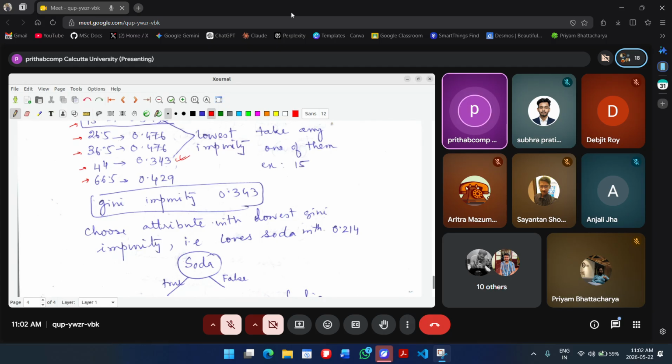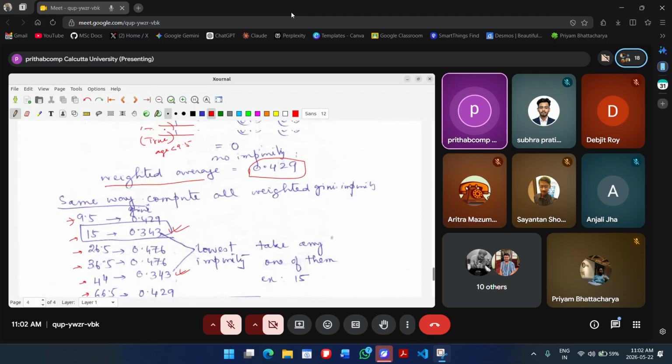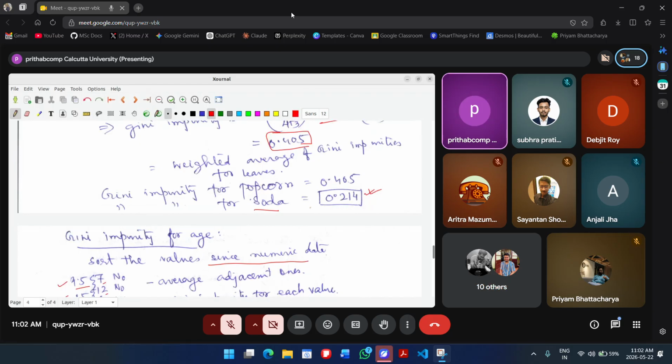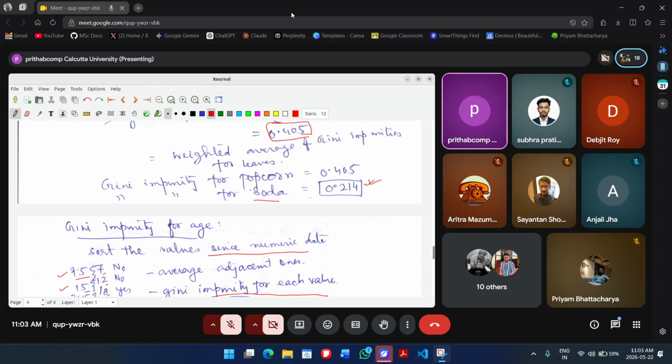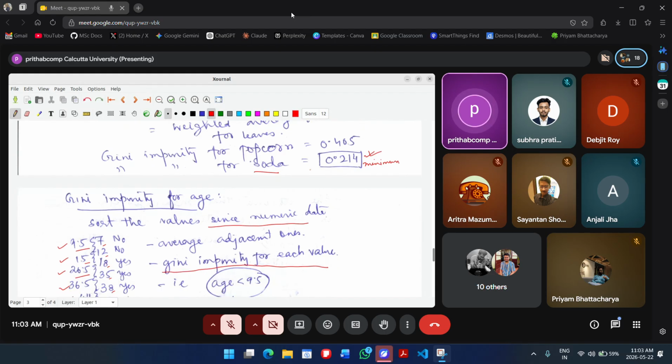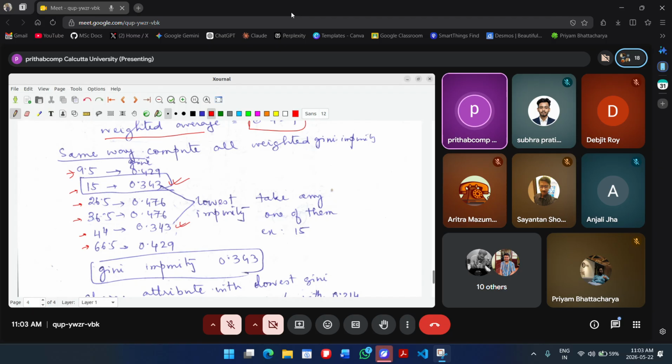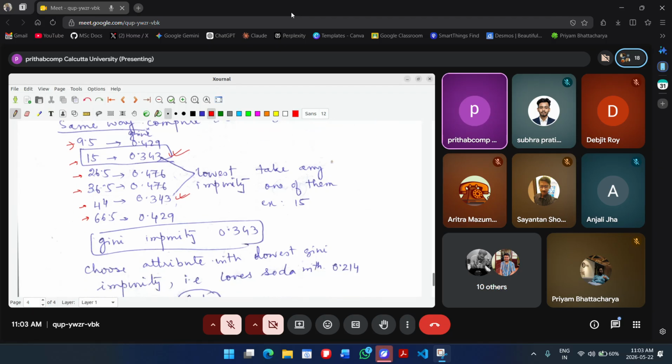So now among them again choose the minimum one. So 0.343 is one value, the other value is 0.214 and another one is 0.405, right? So 1, 2, 3. What is the minimum one? Soda has the minimum value, among 0.405, 0.214 and 0.343, right?